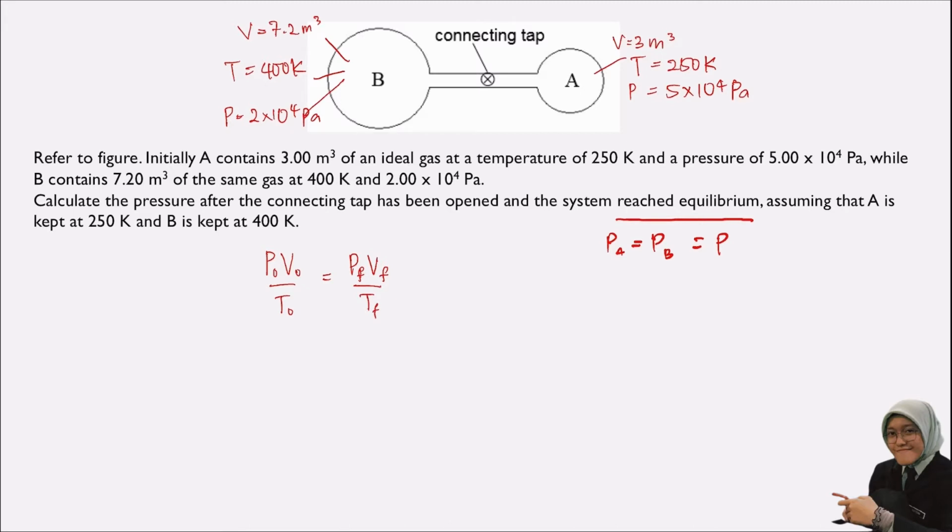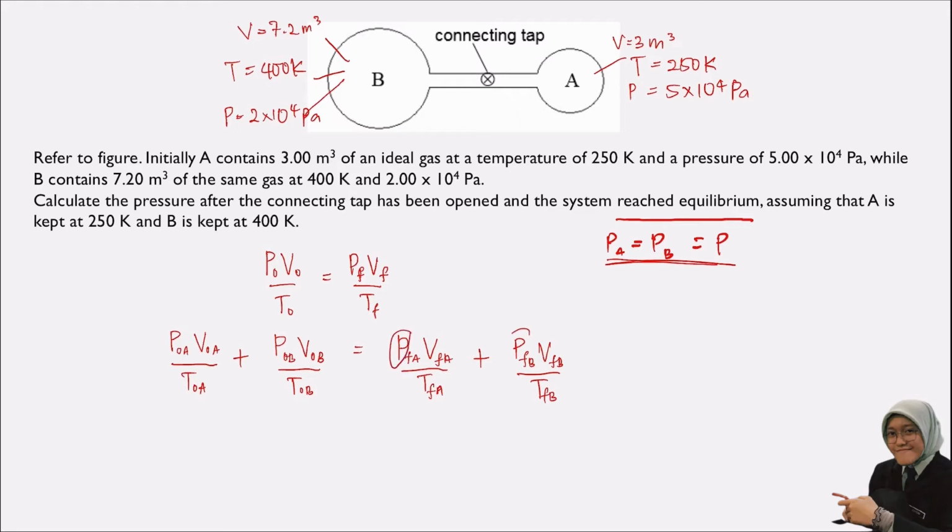We know that there are two sets of PVT, which are A and B. So we can write P initial A times V naught A over T naught A plus P naught B times V naught B over T naught B. So there's 2, and then the second one is P final A times V final A over T final A plus P final B times V final B over T final B. Now that the pressure after the connecting tap has been opened has reached equilibrium, PA equals PB equals P. So we can factorize the value.